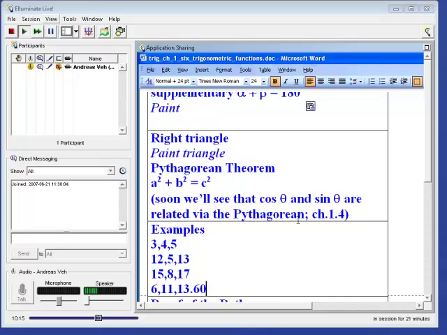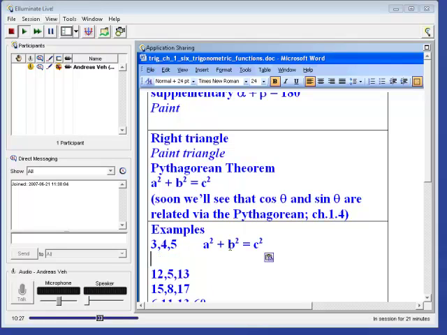Okay, here are some examples for the Pythagorean theorem, so that, for example, three squared plus 4 squared equals 5 squared, and you can easily check that out.